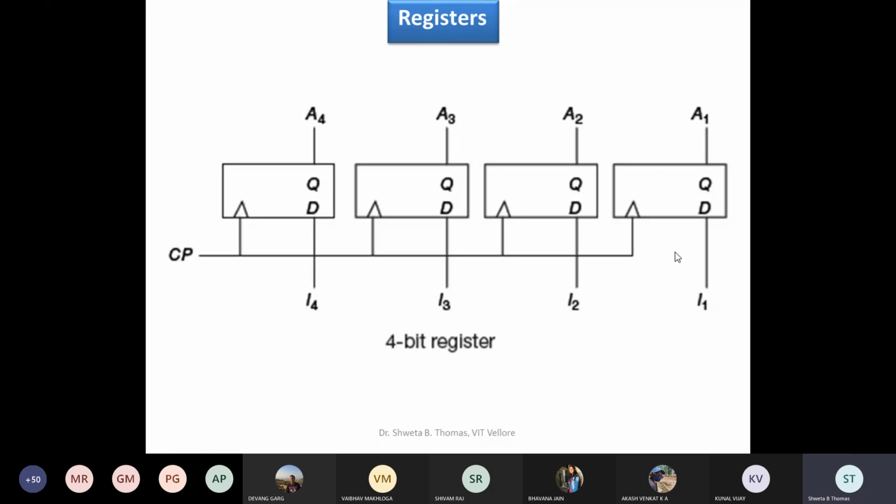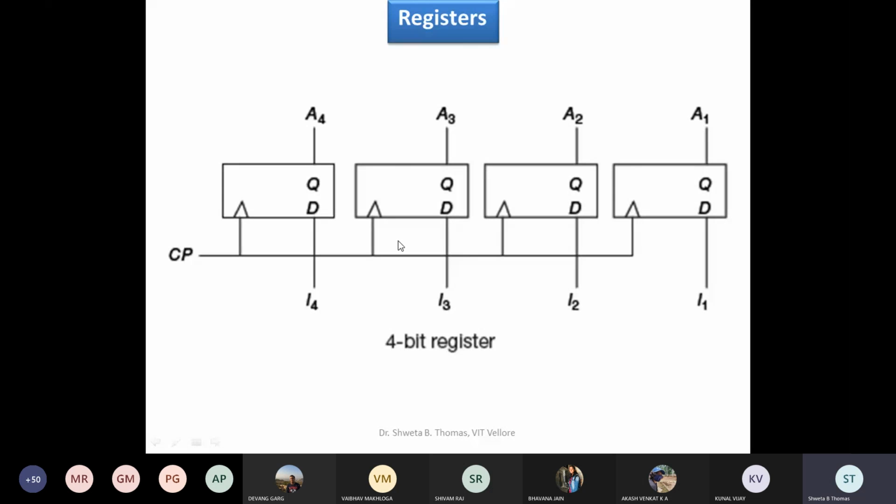Will it be possible for you? At least reply to my call. You can try implementing this. You are already aware of how to implement the D flip-flop, so don't go till 4, 3-bit you can do.